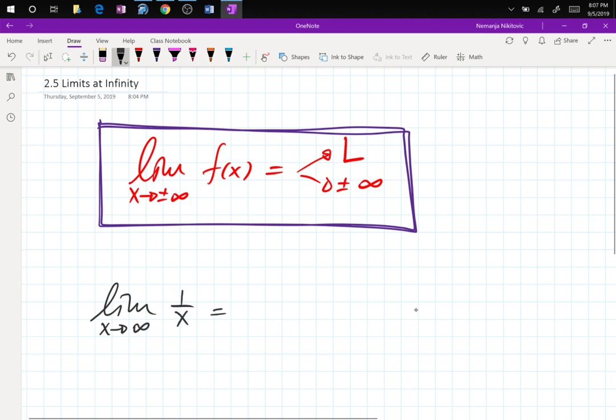What do we get as you look at your graph for 1 over x? What do we get as x goes to positive infinity? 0. Very good. So as x goes to positive infinity, which is this way, the y value diminishes down towards 0.